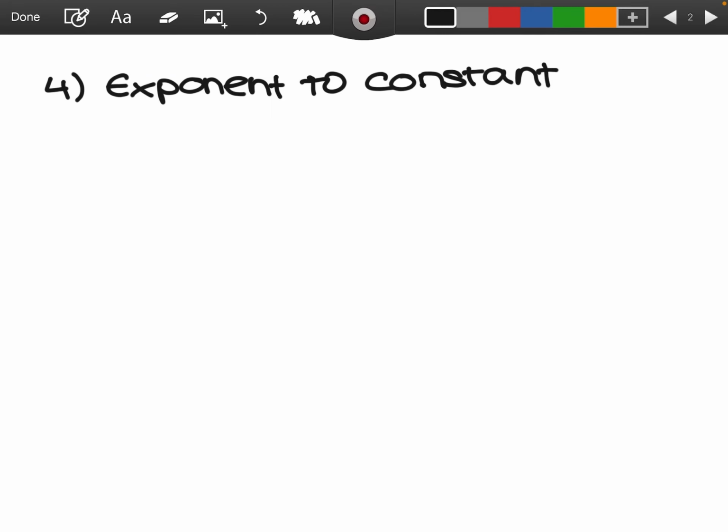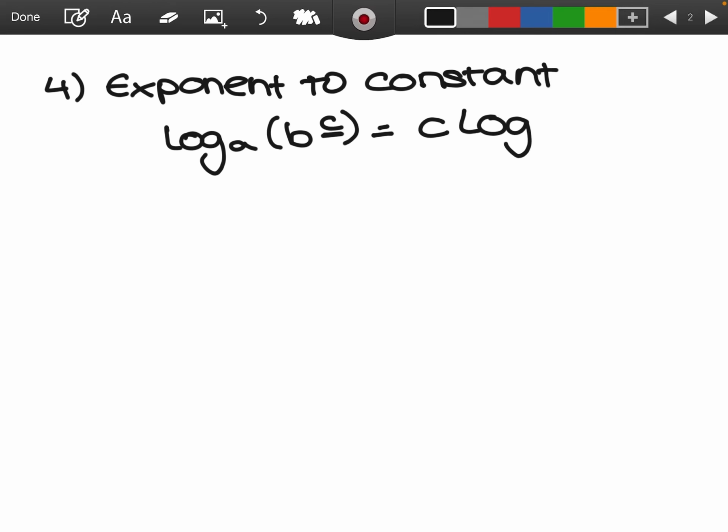The next property that I have is called the exponent to constant power. Okay. What this says is that if I have a log base a of b to the power c, what I can do is this power that I have of c, I can actually bring it out of the front of the logarithm to leave me with c multiplied by log base a of b.